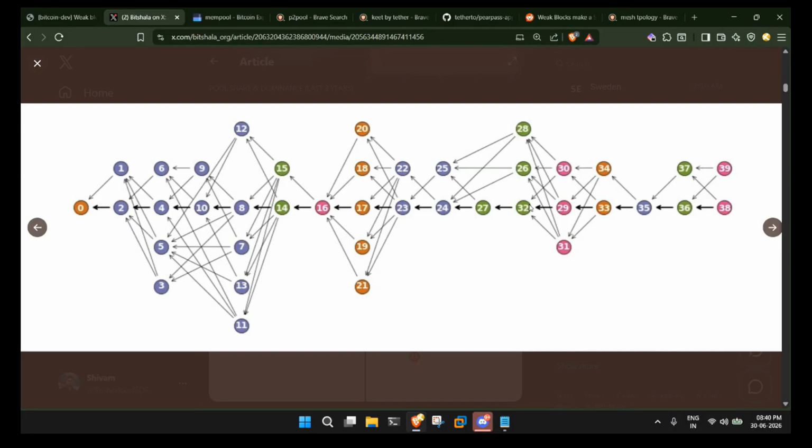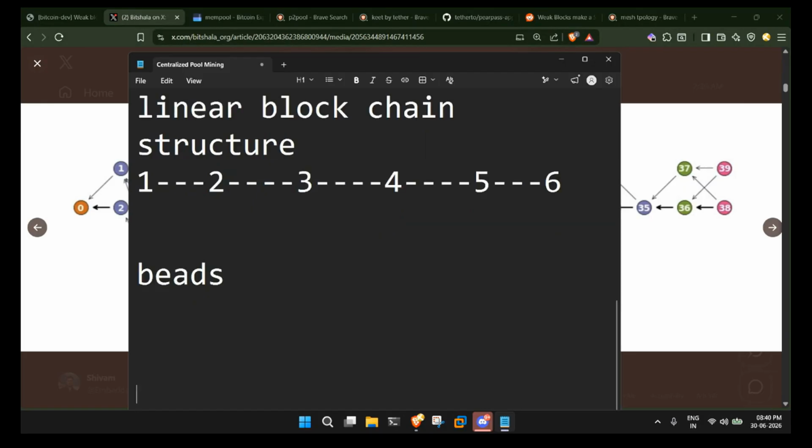How will they measure the work? They will look at the descendant work, which is the work done after it, and also the ancestor work, and the final tiebreaker. Based on that, they will set the target and difficulty. So there is a general configuration which they make.